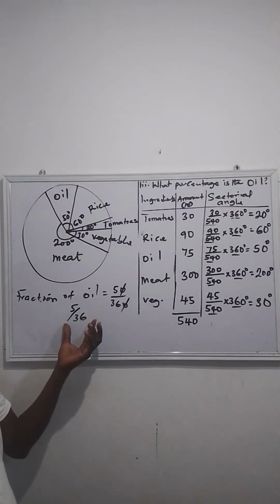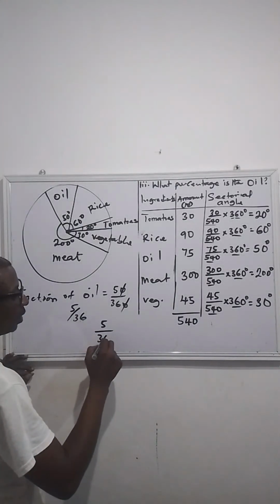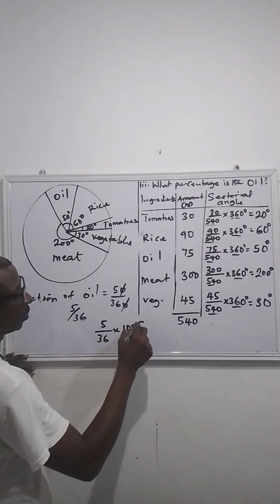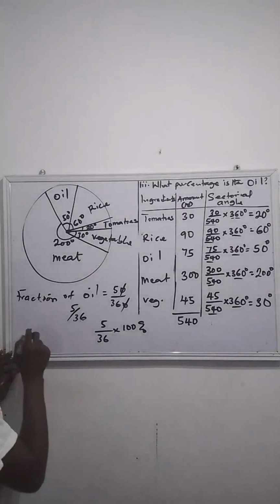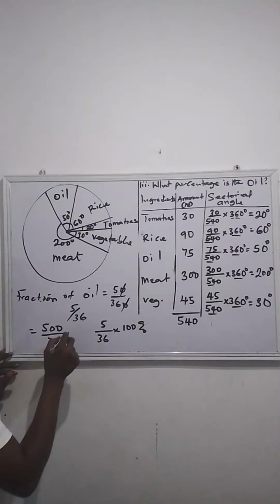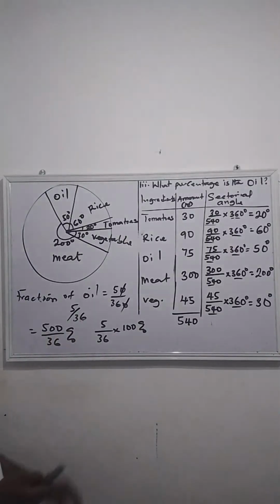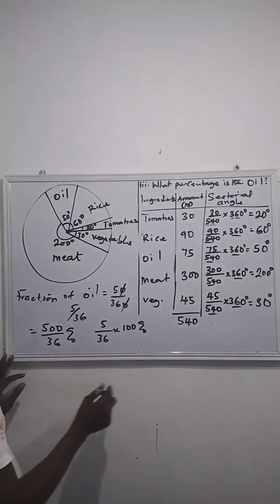Since I already know the fraction of oil, I'll just have 5 over 36 times 100%. That is the same thing as 500 over 36%. Now let's begin to simplify that.